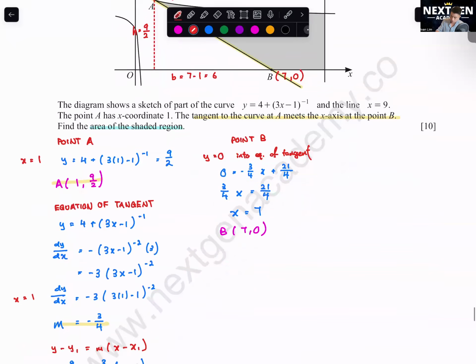Okay, so area of triangle, we will use half times base times height. 1/2 times 6 times 9/2, which will get 27/2.